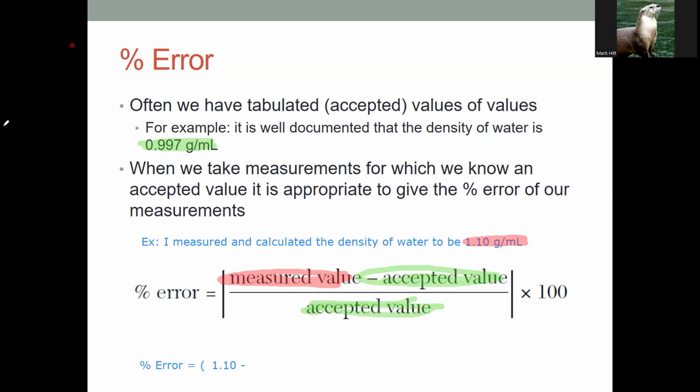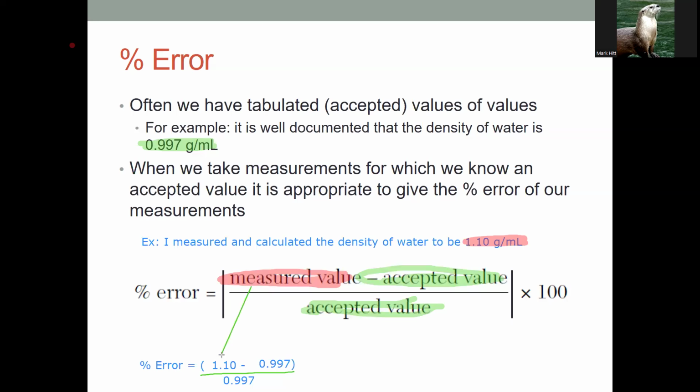So I'll take my accepted value of 0.997. And I divide all that by my accepted value again, which was 0.997. So again, I've just plugged in here.